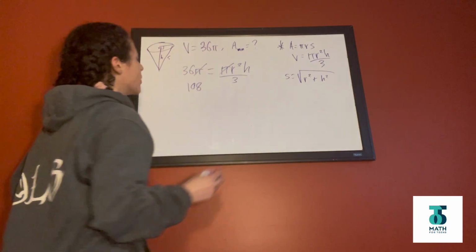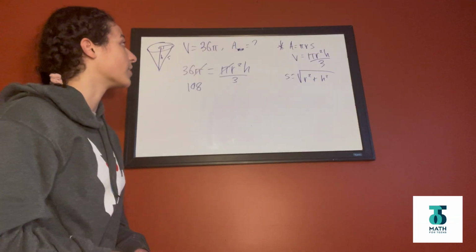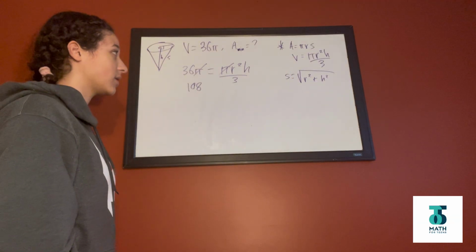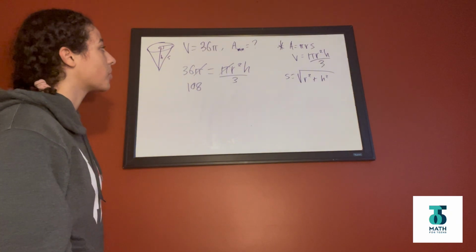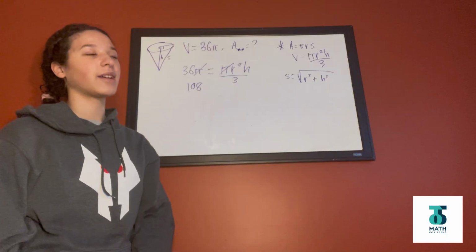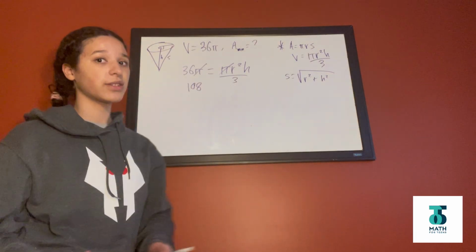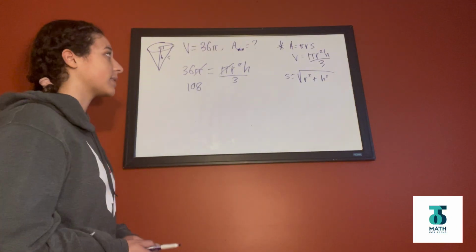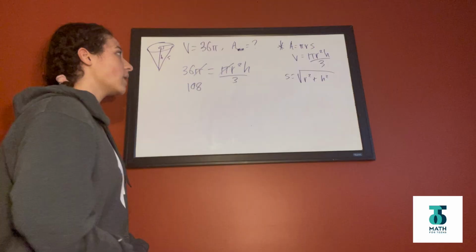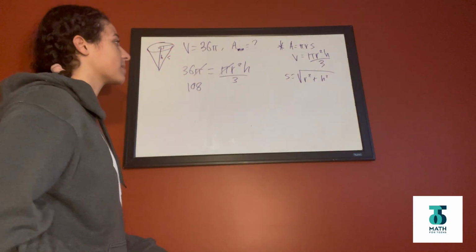At this point you have to choose which variable you want to be working with for the rest of your problem. And remember, this is what we're going to be differentiating. I can see that h only shows up once. So instinctively, I just want to isolate h, express h in terms of r, instead of doing r in terms of h, because I'd have to do two more substitutions.